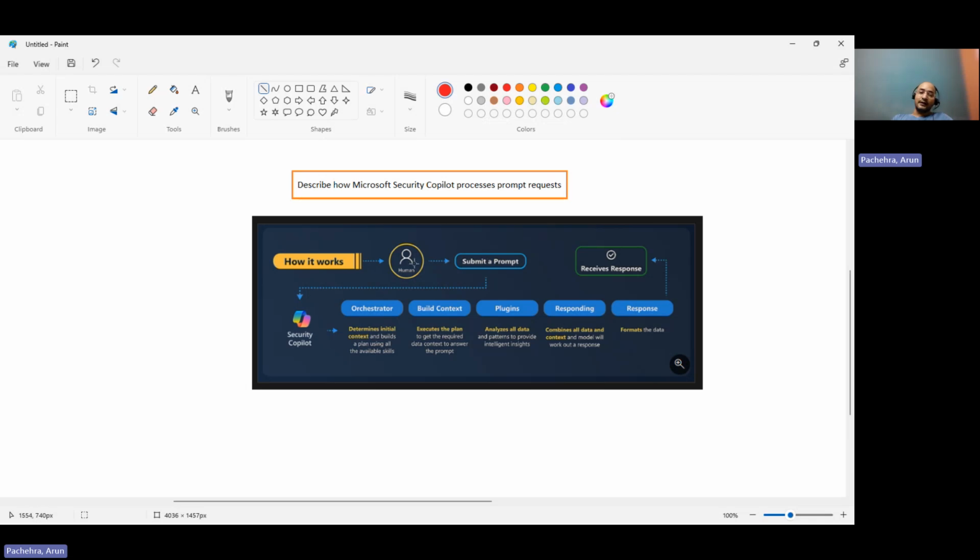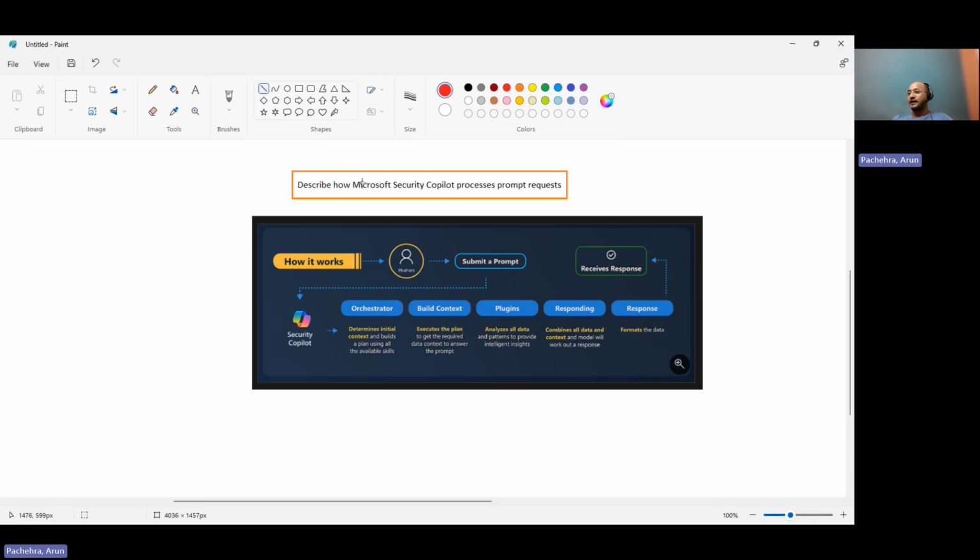There is the human, and in this is Security Copilot. So in our case, this is a security specialist or analyst who is submitting a prompt. So the first thing is this guy submitting the prompt, right? Which means just like in any AI LLM like ChatGPT, we write the questions and get some answers.